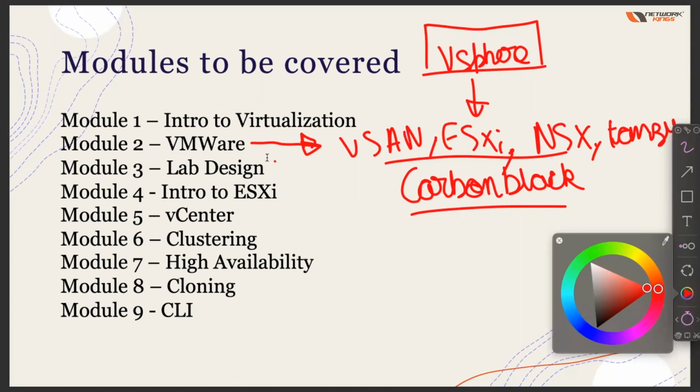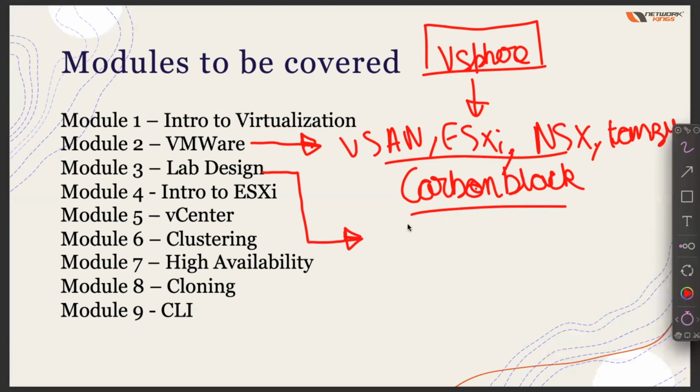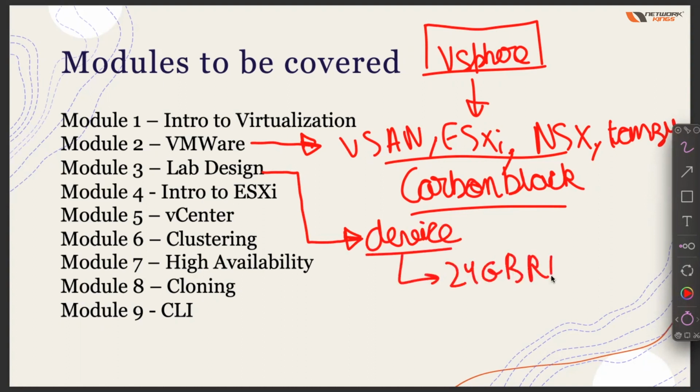Then we are going to go into the hands-on portion of our course where we have to design a lab. Now, when it comes to lab, there are basically three options. Number one, you can do it on your own device, provided your device has around 24 GB of RAM and around 500 GB of hard drive space or SSD space, free, right?